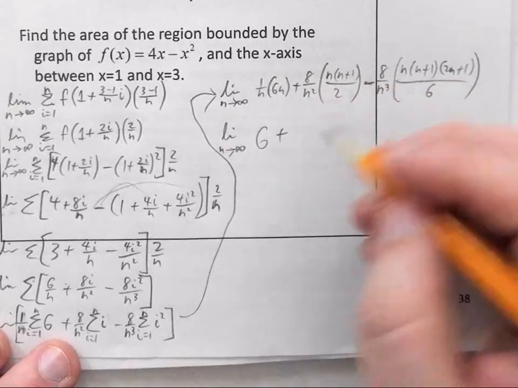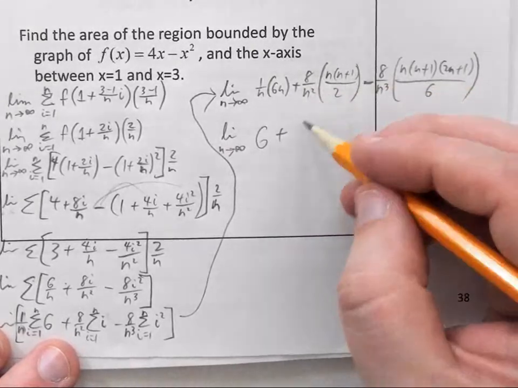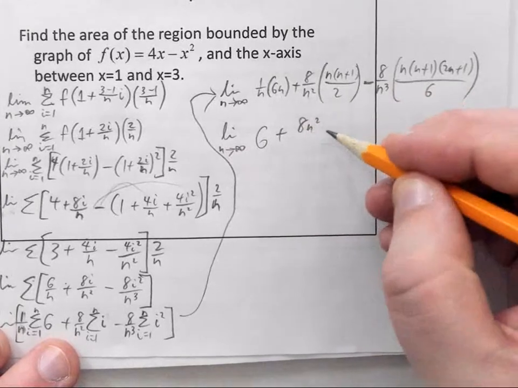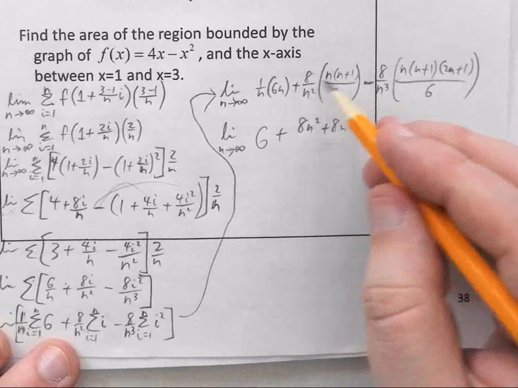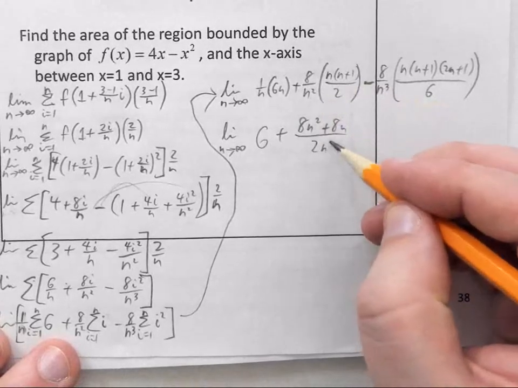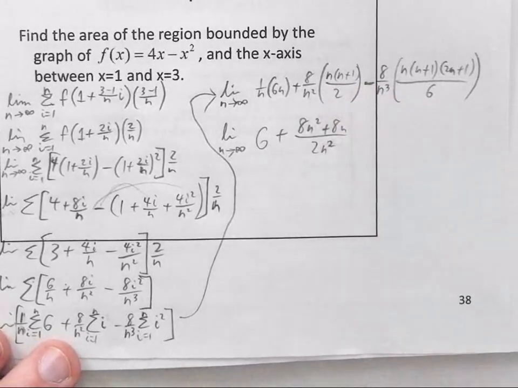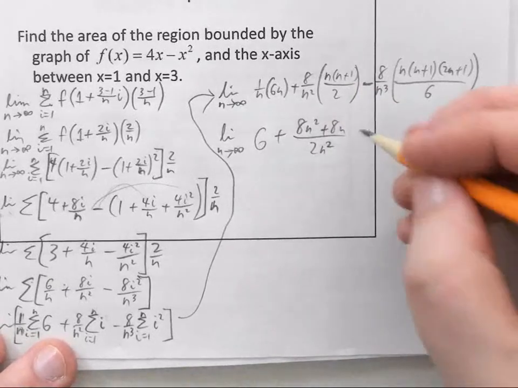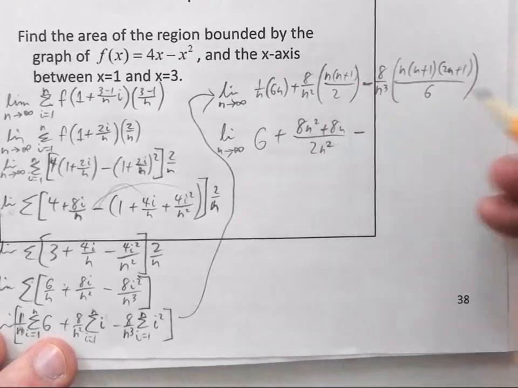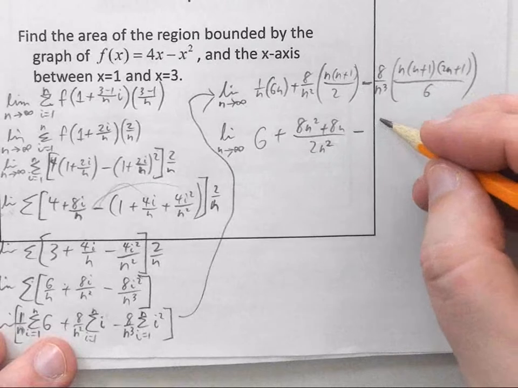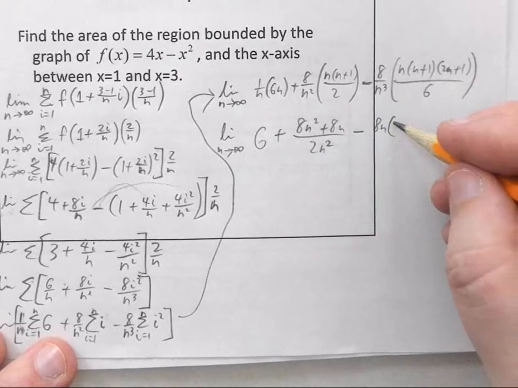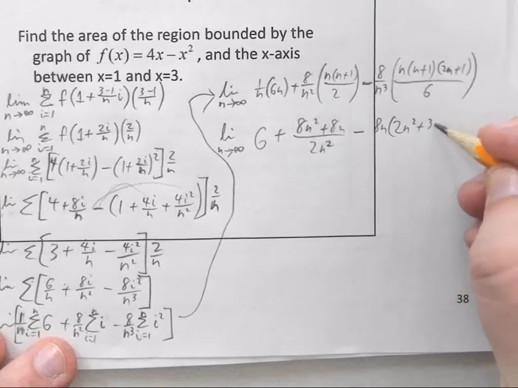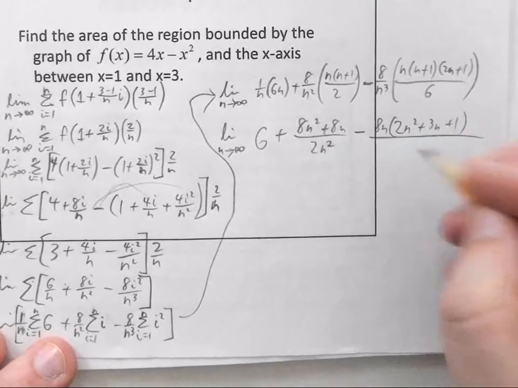This, if I FOIL it out, or multiply it out, I should say, will give me 8n squared plus 8n, because that 8n will just distribute over 2n squared. Now you can simplify if you like, you don't absolutely have to. Minus, if I distribute all of this, it'll take me a couple steps, but 8n, and then this will be 2n squared plus 3n plus 1 over 6n cubed.